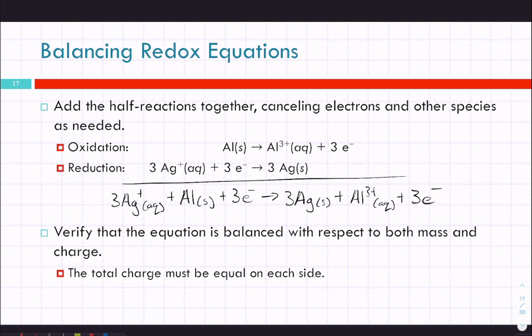So then kind of like going from the complete ionic equation to the net ionic equation, we have these 3 electrons that are the same on both sides. So we can actually remove those from our final reaction, because those have been taken into account in the actual numbers of atoms that are present.